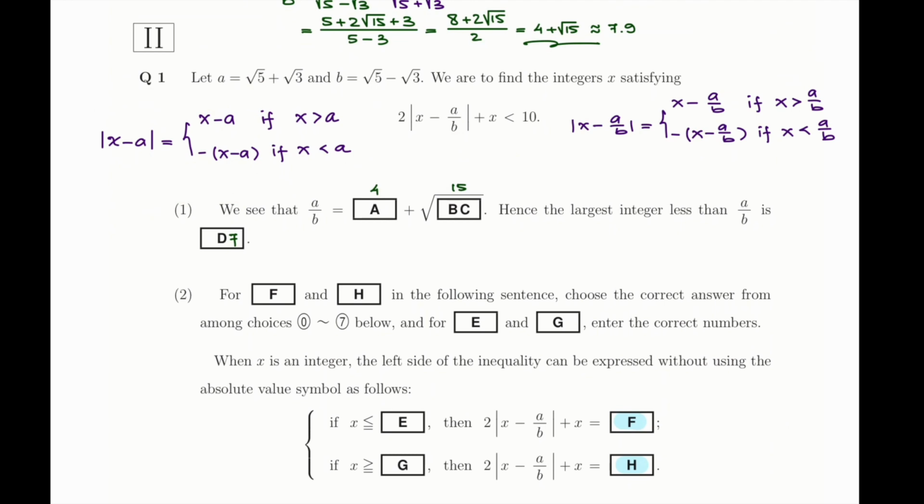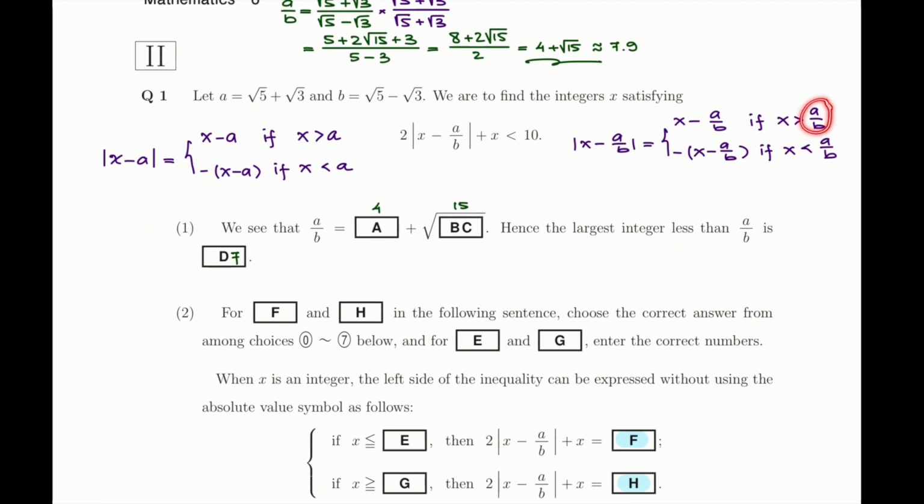We already know that a over b is around 7.9. So my a over b here is around 7.9, this is also 7.9.